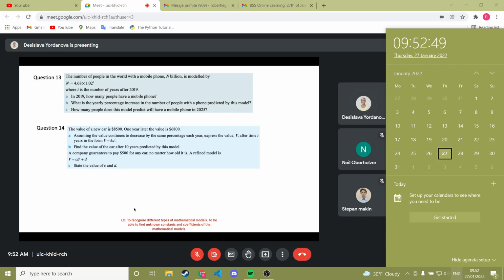Right? And no matter how old it is means that we talk about infinity for the time. And then the model approaches the horizontal asymptote, which means that v will be equal to d. But no matter how old your car is, the company will give you $500.